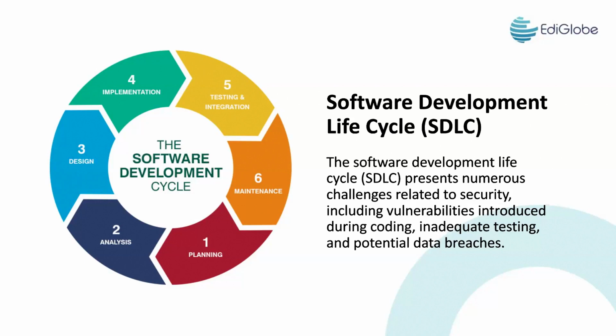Okay, I was explaining the planning part and the analysis part. Now, the designing part. Once I complete this entire cycle, I'll explain for each and every section how security comes into the picture and what role it plays.